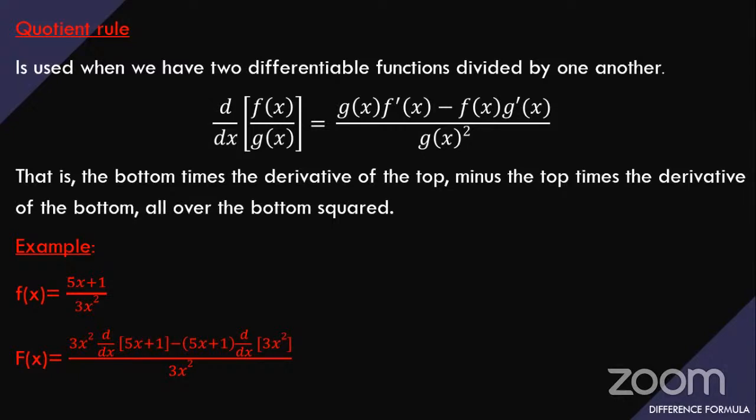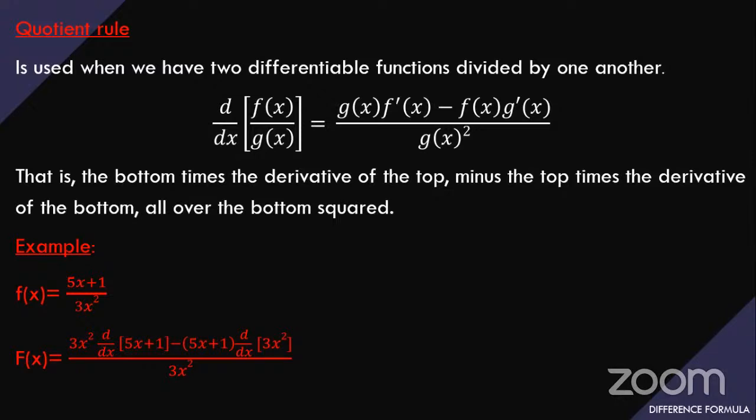So let's see this basic formula that says d dx times f of x divided by g of x is equal to g of x times the derivative of f of x minus f of x times the derivative of g, that's g prime of x, divided by g of x raised to the power of 2.